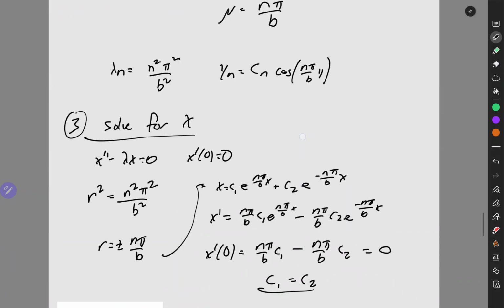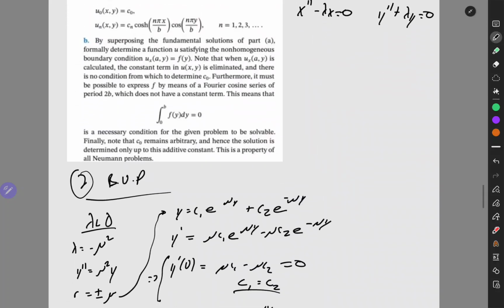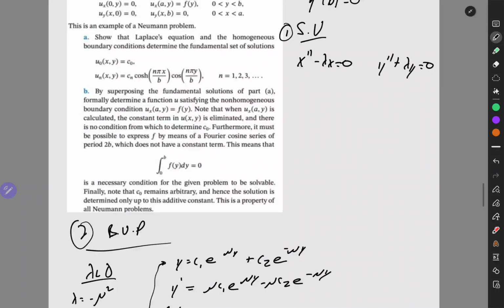So let me read part B again. Note that when u_x(a,y) is calculated, the constant term is eliminated. Yes. So then we can't determine C naught. That's exactly what I was thinking. Furthermore, it must be possible to express f by means of a Fourier cosine series of period 2b, right?